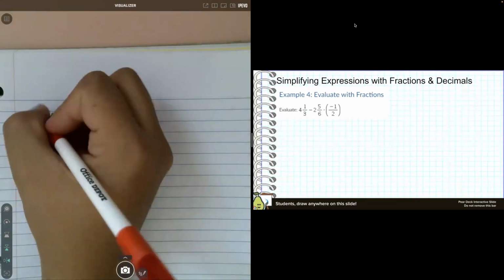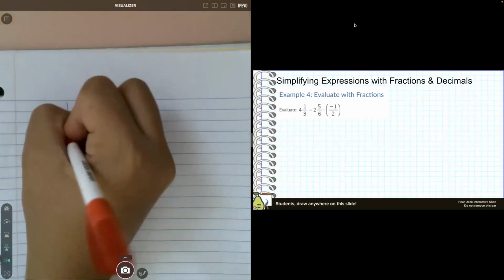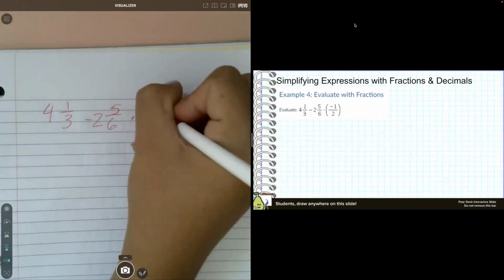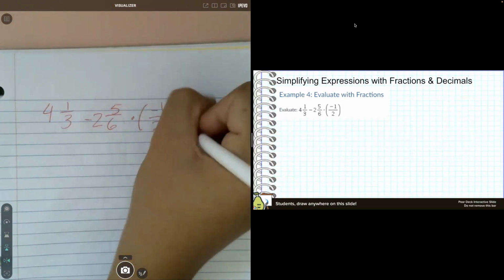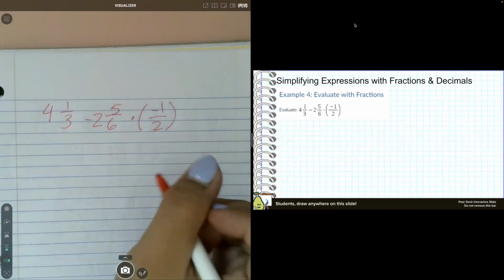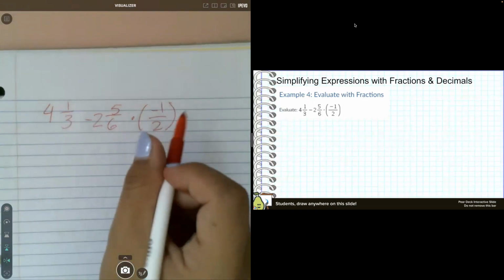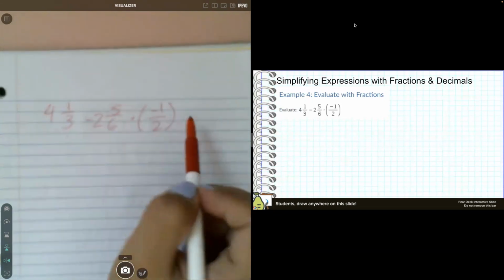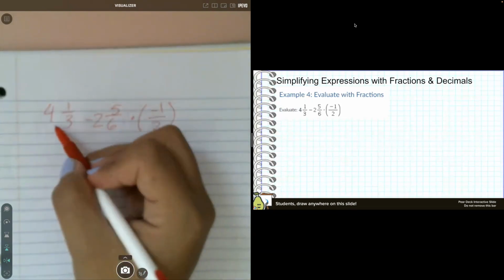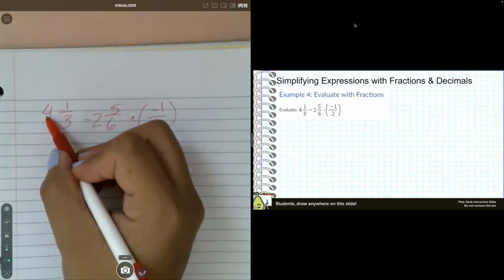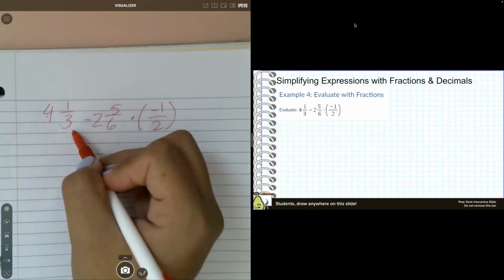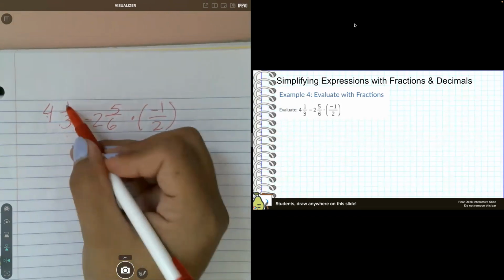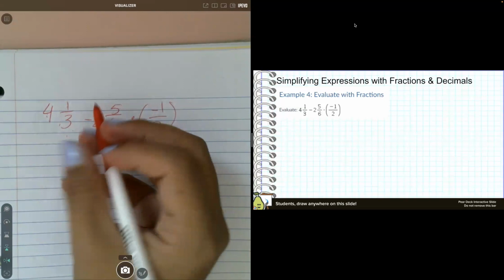So here I have 4 1/3 minus 2 5/6 times negative 1 over 2. For this, I'm going to turn these all into improper fractions so that I can then deal with it that way. How you do that is you multiply the whole number on the outside by how many make a complete set here, and then add the one on top, put it over that same base.